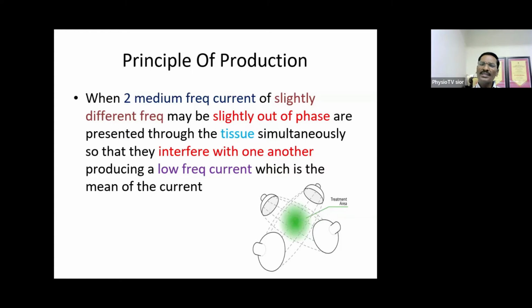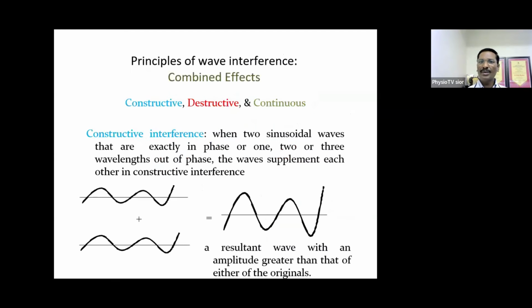Not completely out of phase, only very slightly, because in one channel we use 4000 hertz and in the second channel we use 4000 to 4150 hertz. That means the frequency is slightly varying, which leads to waveforms that are slightly out of phase. When these are superimposed within the tissue, they interfere with one another, and the result is a low frequency current. So this is the principle of production.